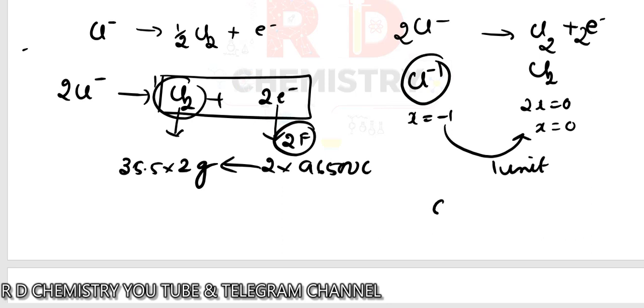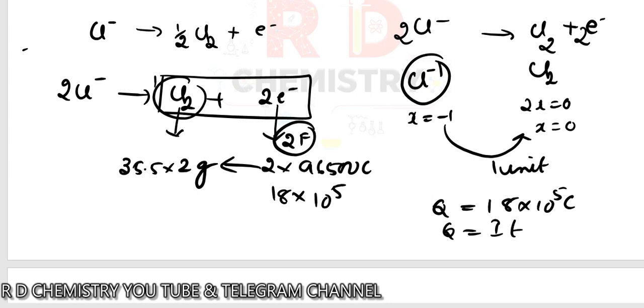We are passing Q, already calculated previously, that is 18 into 10 power 5 coulombs, using Q is equal to I into T, from the question. So if 18 into 10 to the power 5 coulombs is passed, how many grams will be formed?